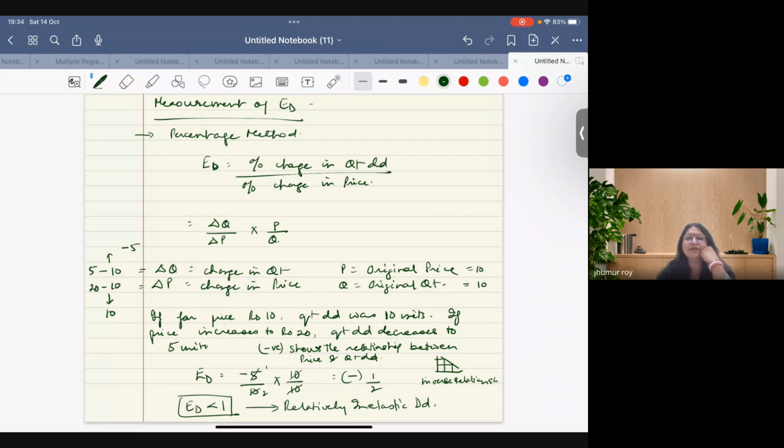Like this, you will need to calculate. Remember that either the change in price will be negative or the change in demand will be negative. The reason behind this is that there's an inverse relationship between price and quantity demanded. That's the reason that you will always have a negative curve.